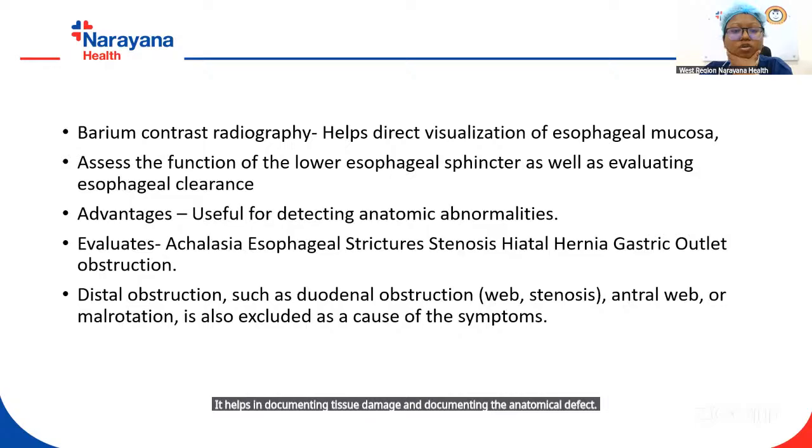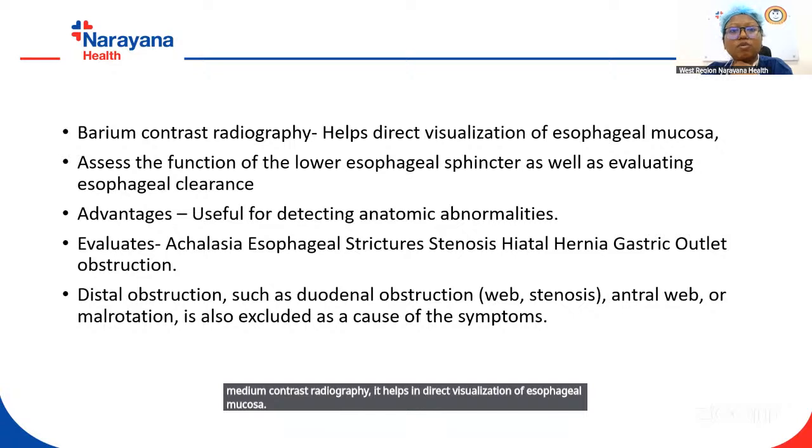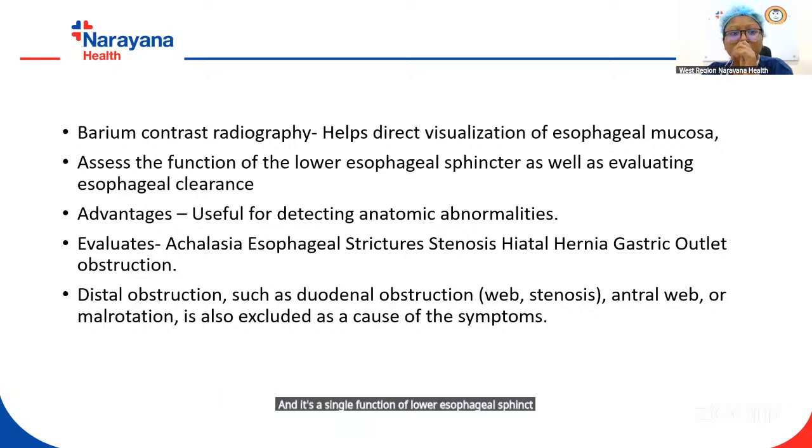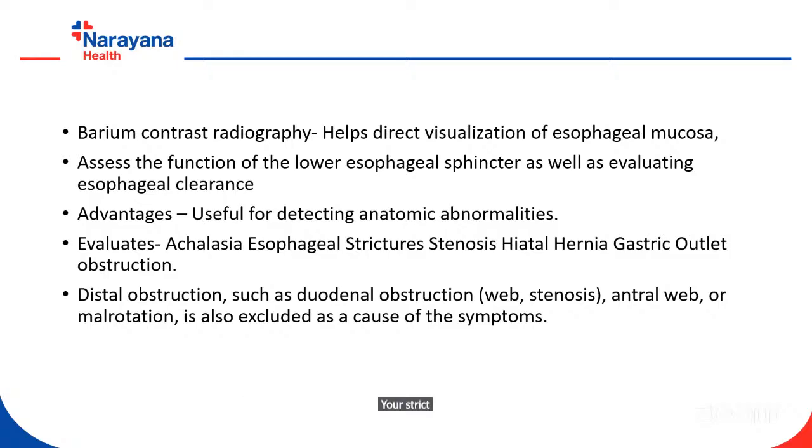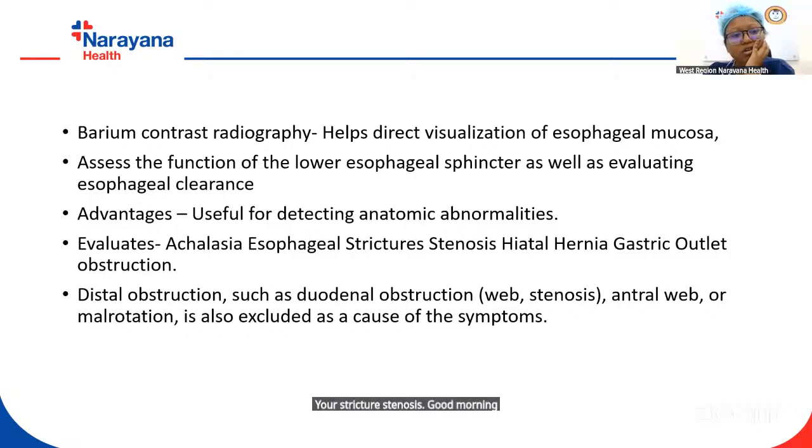Barium contrast radiography helps in direct visualization of the esophageal mucosa and assessing the function of the lower esophageal sphincter, and it evaluates esophageal clearance. It also evaluates strictures, stenosis, hernia, and gastric outlet obstruction, and it has the advantage that it detects all the anatomical abnormalities.